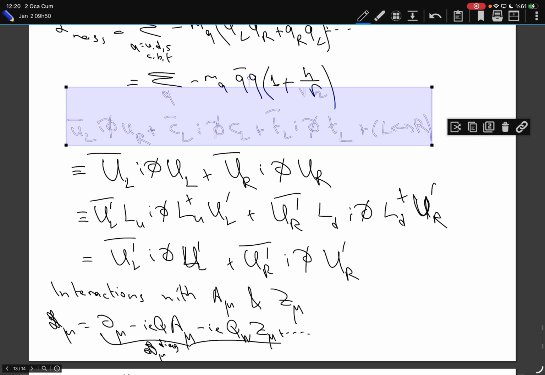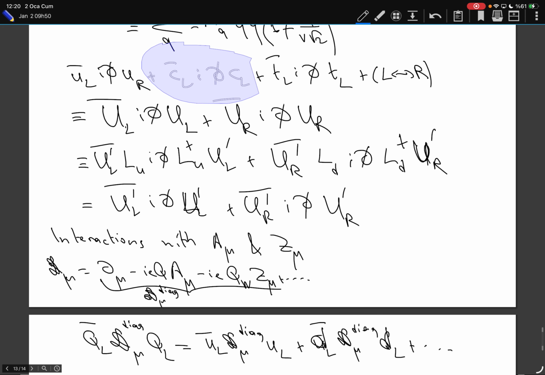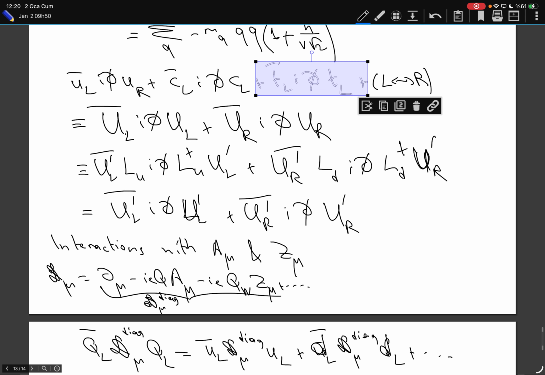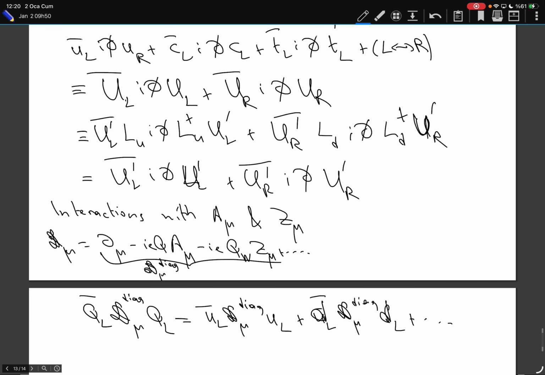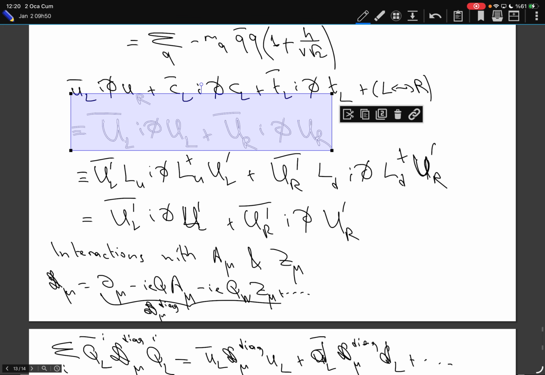But if they don't appear, my argument here is basically the same. Nothing is modified, because here I have UL bar UL plus CL bar CL plus TL bar TL. All those three terms will appear when I sum over the family index. If I get this combination with the same coefficients, I can always write it as a sum of these two terms.